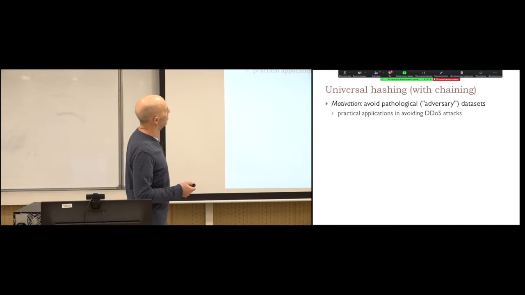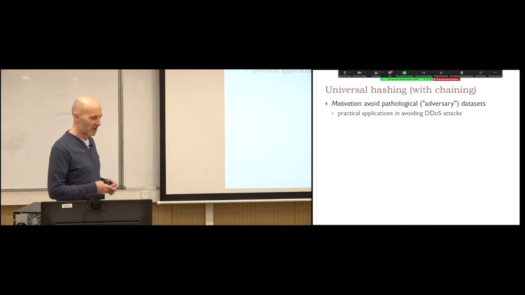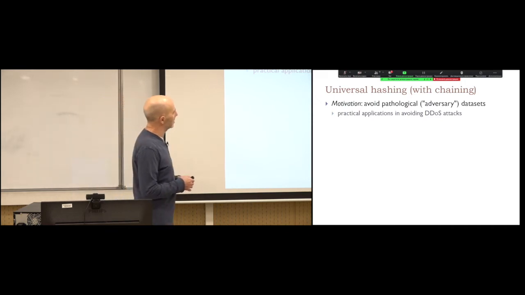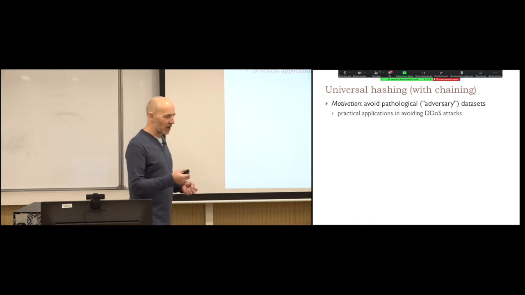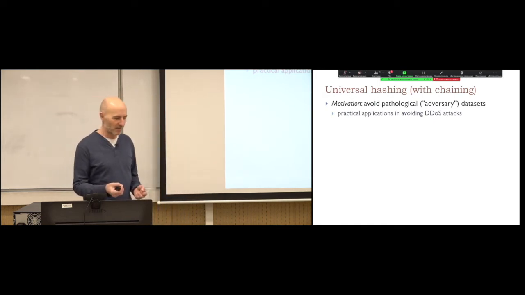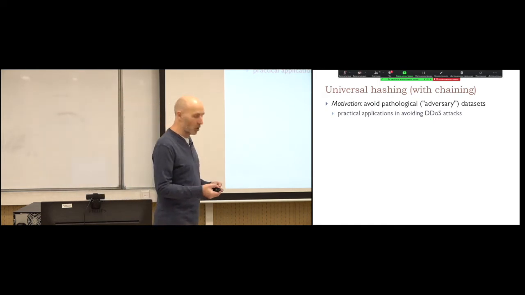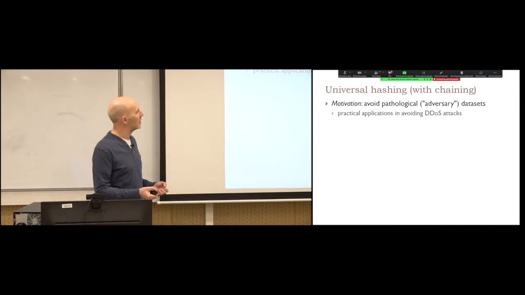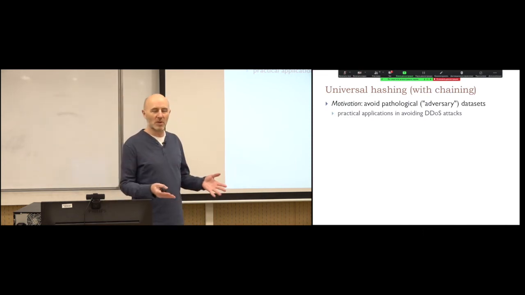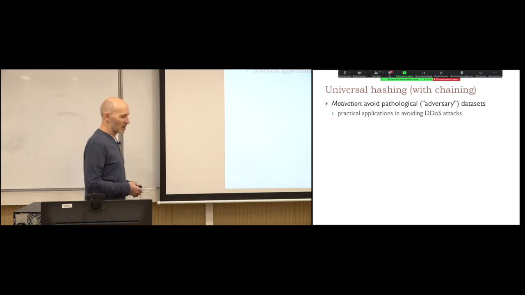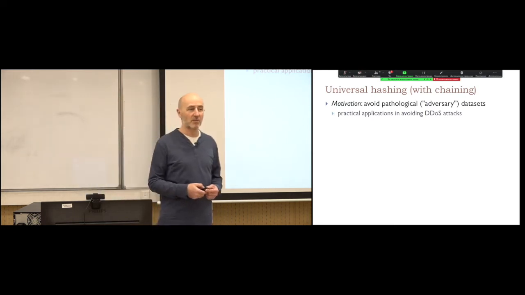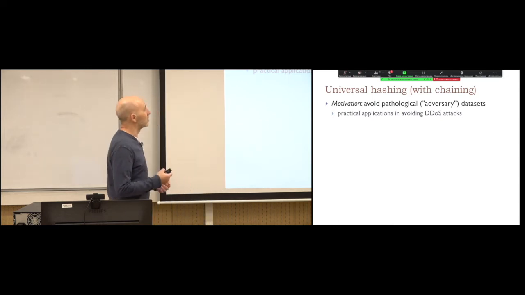Imagine that there is some malicious adversary who wants to break your program, to break your system, and somehow gets the code of your hash function. For example, if your code is open, he can just see it in the code, or if your code is not available, he can maybe reverse engineer your hash function.